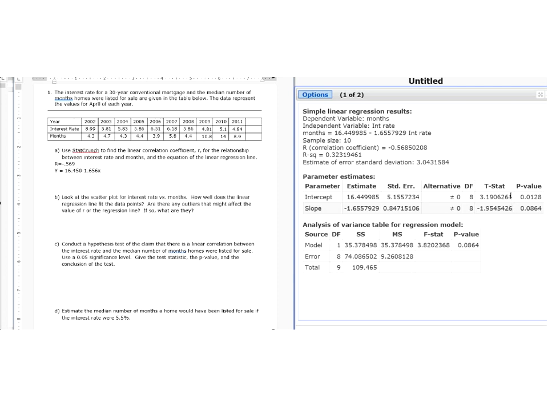So our test statistic is under where it says t-stat. So our test statistic is negative 1.955 if we round it to 3 decimal places. Our p-value is 0.0864.